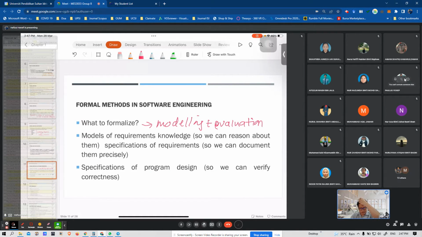And then specification of program design, so we can verify the correctness, especially to remove or exclude the module or function in the design.